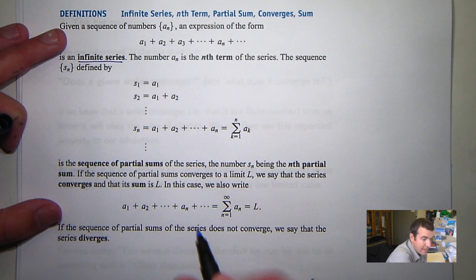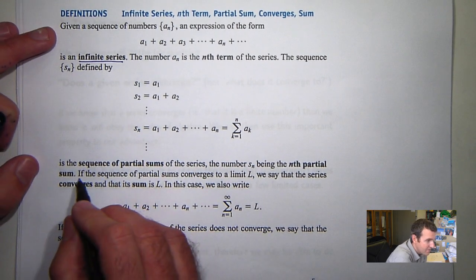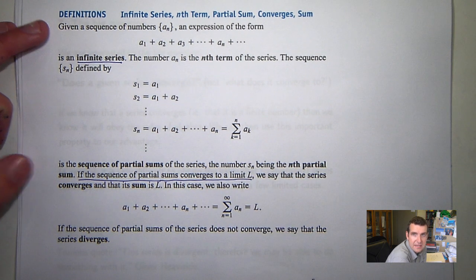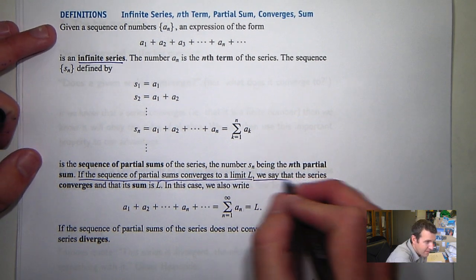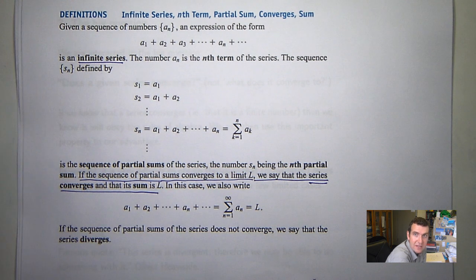Now, this is really important. If the sequence of partial sums converges to a limit, say some number big L, then we say the series associated with that converges to L. So in this case, the series would have a finite sum, and that finite sum would be whatever that number is, big L. Now, if the sequence of partial sums of the series does not converge, in other words, the limit of the sequence of partial sums doesn't exist, then we say the series associated with that diverges.